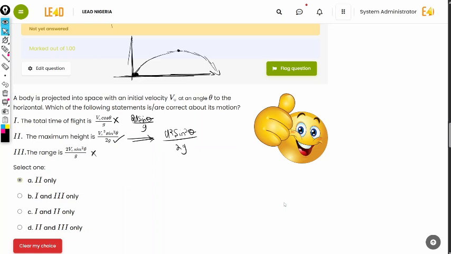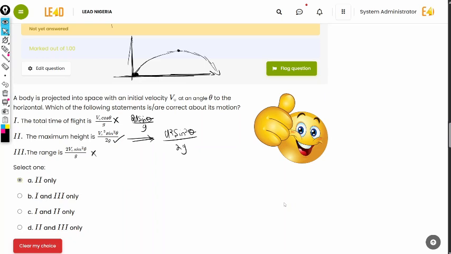There are 5 of them that you need to learn. There are 3 for full projectiles, like the one that's projected from the ground, that would make an upward motion and then a downward motion.